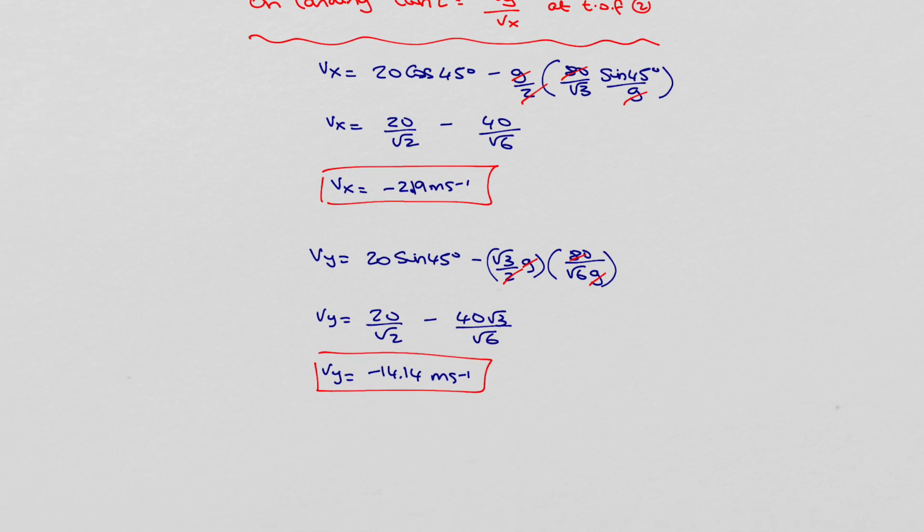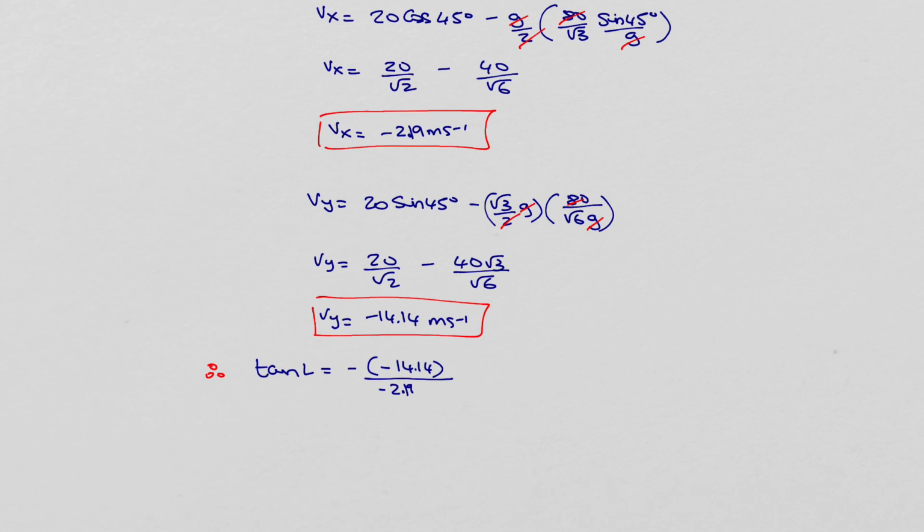Therefore, if we're looking at tan of our landing angle, it's minus Vy over Vx, which means we're going to get a negative value for it. We know from our unit circle that tan is negative in the second quadrant, but positive in the first quadrant.